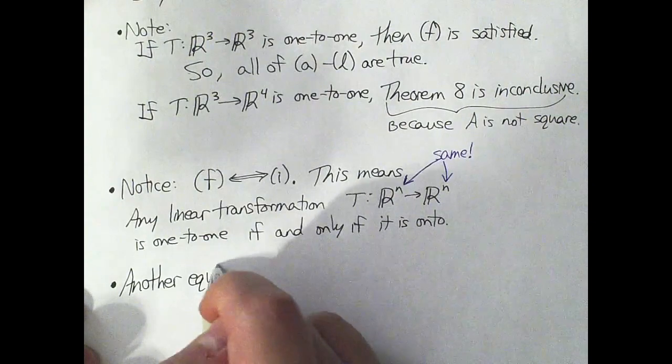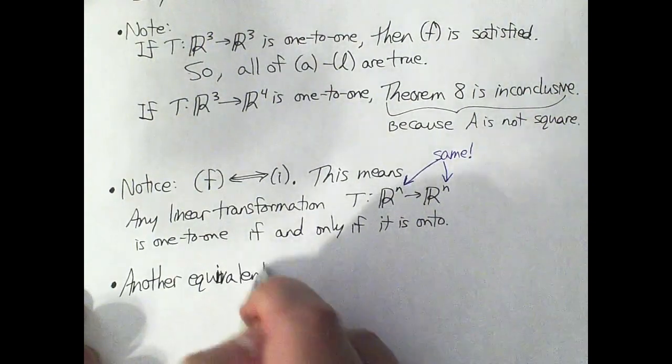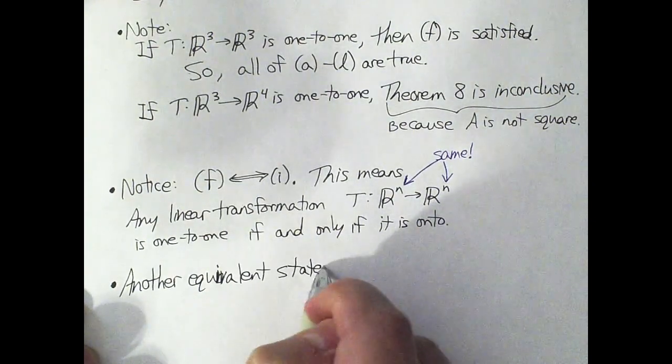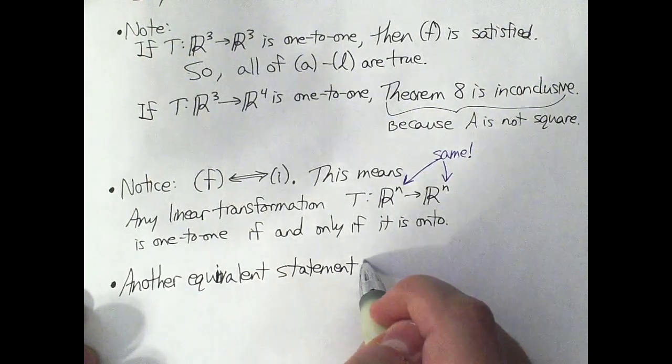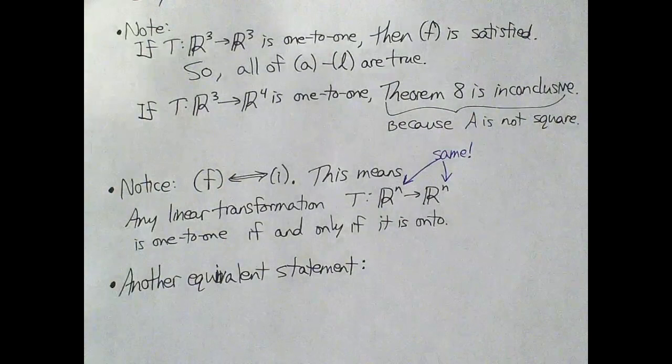Another equivalent statement. All right, so I told you that this theorem says the following statements are equivalent and it goes from A through L. And I told you that throughout the semester, we're going to add a few more statements to this list. So we're going to have more statements that are equivalent to all of these. I'm going to tell you one of them now.